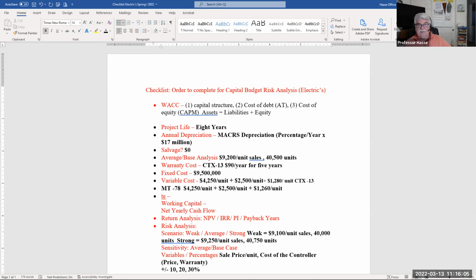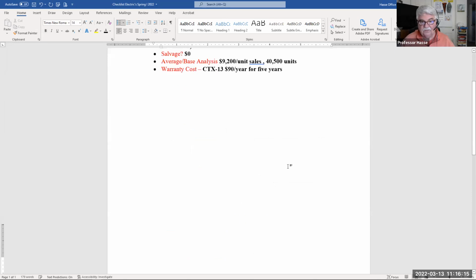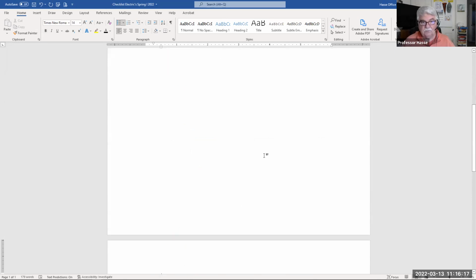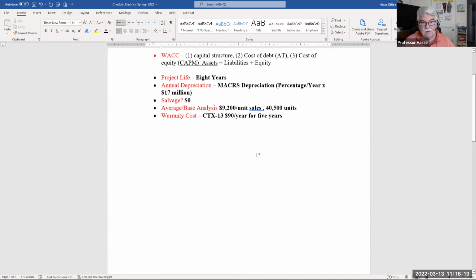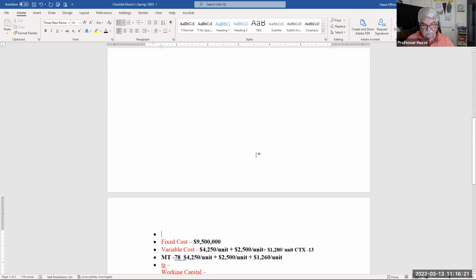Okay. Your job then is to add a second line of variable costs for the warranty. Your calculation for the warranty costs for the unit. For CTX, it's $90 a year for 5 years. Oops. Hang on, I went too far ahead.